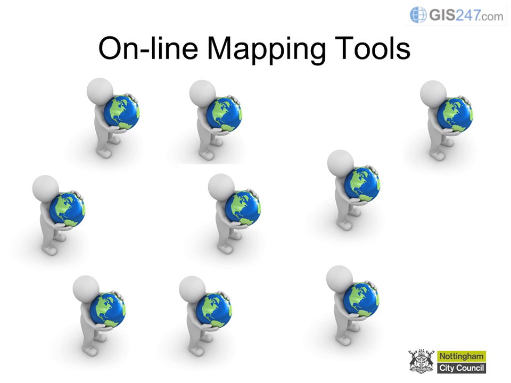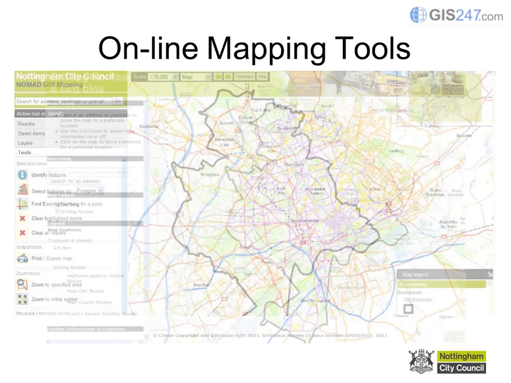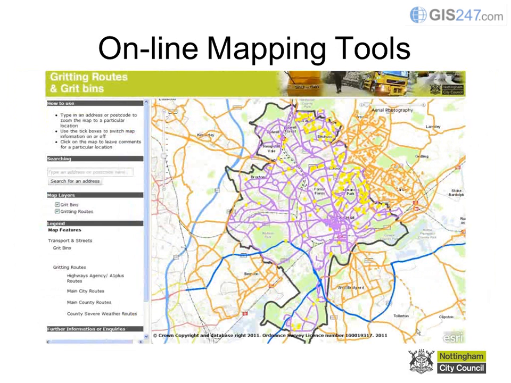These online mapping tools provide access to different datasets, provide different and specific functionality, and are available at different levels of complexity and detail. Some applications have been developed for internal use only, whereas others are outward-facing for use by the public and working partners for Nottingham City Council.